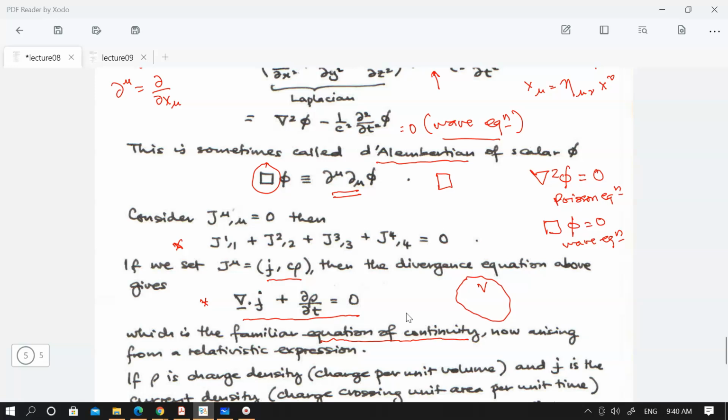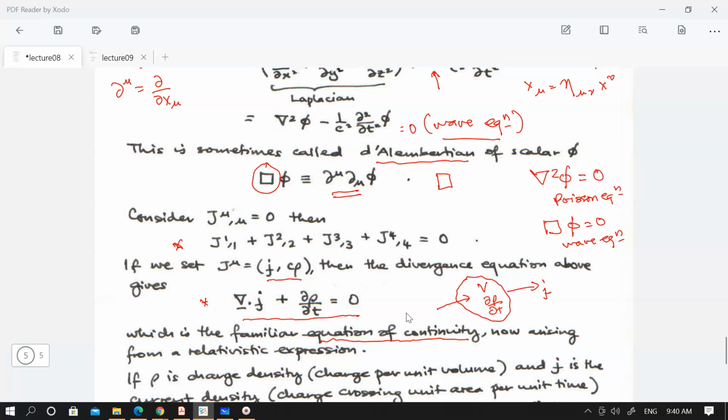In a particular volume you have a charge density, so this will be a charged body. But if there is current in and current out from the volume of the body, so this is current J, then this can actually change the charge density here.